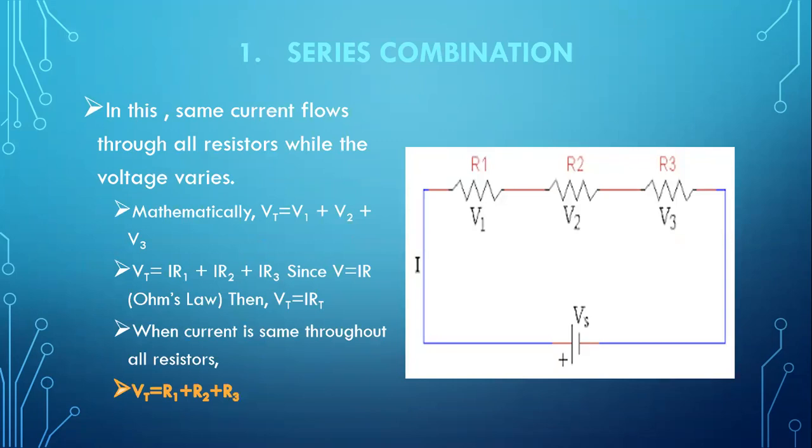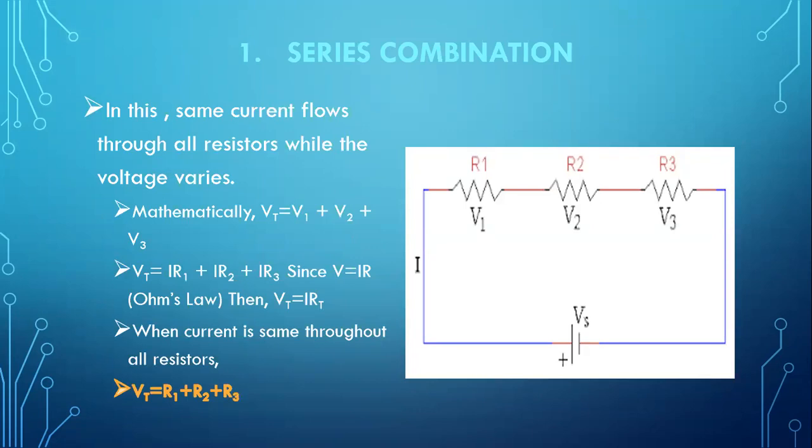in this kind of combination, the current flowing through the circuit is the same throughout all the resistors. Take an example, a simple illustration of three resistors.